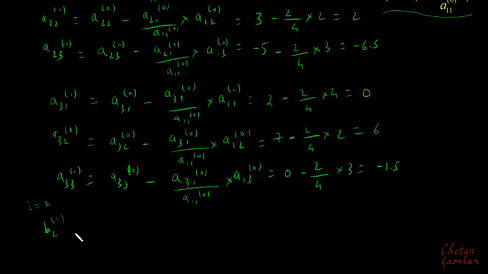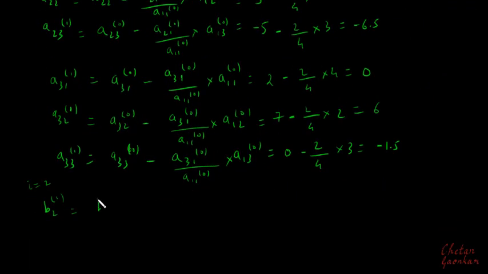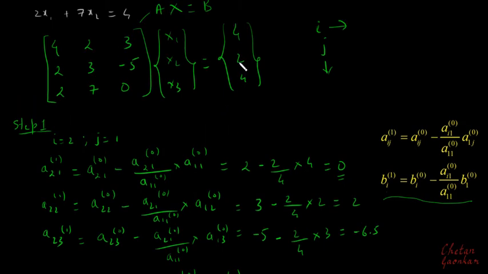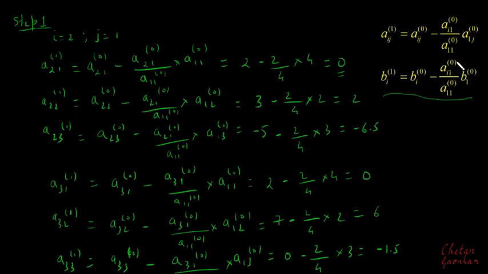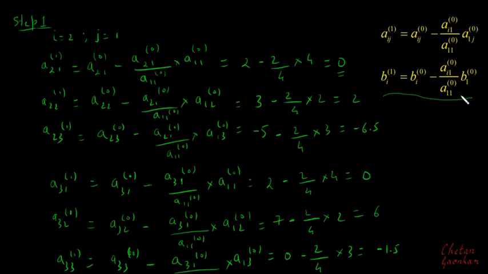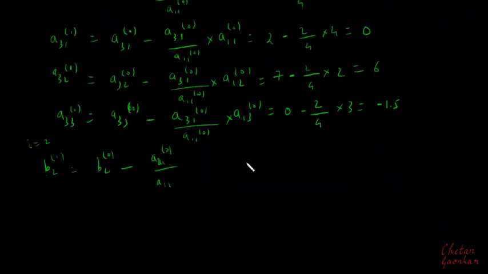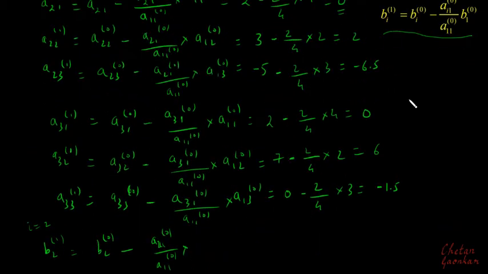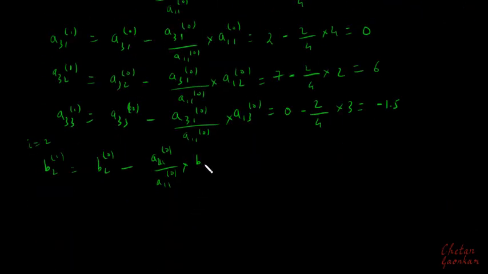So b2 1 will be equal to b2 original, that is this value 2, minus a11, sorry, this will be a21 original because i is 2 here, so this will be a21 original divided by a11 original multiplied by b1 original.